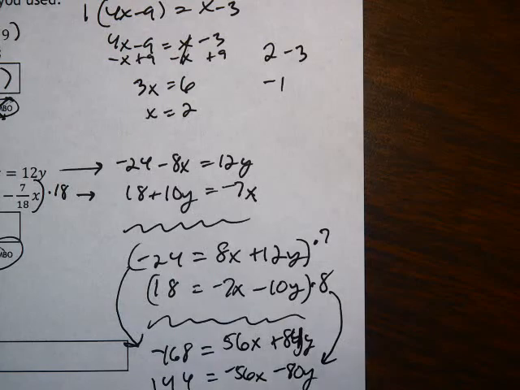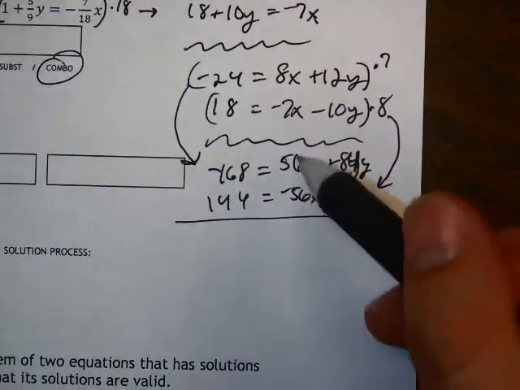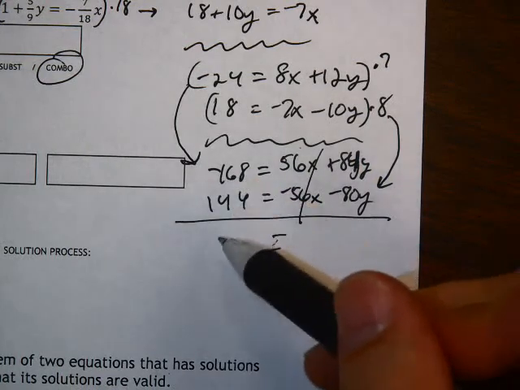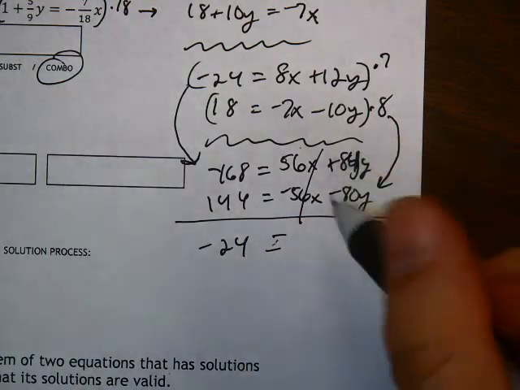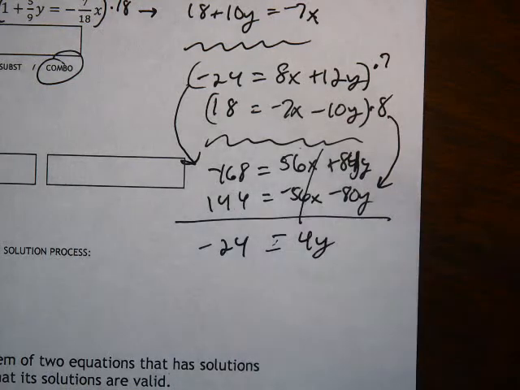Now if I've done this right, the x's should cancel, which they do. 56 minus 56 cancels. When I combine negative 168 with positive 144, I get negative 24. On this side, when I combine 84 minus 80, I get 4y.